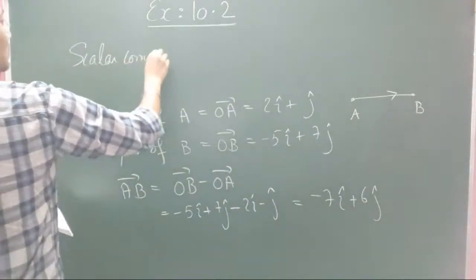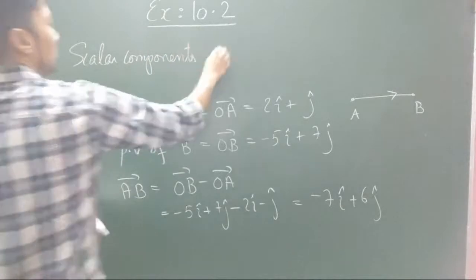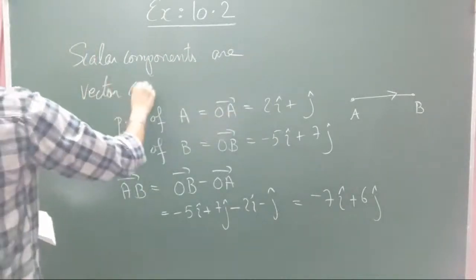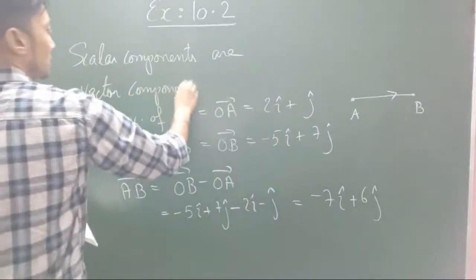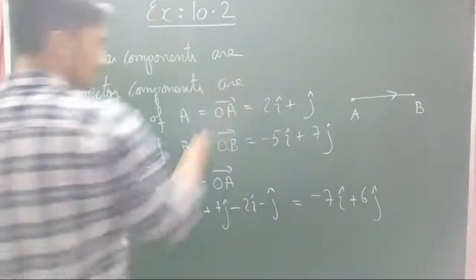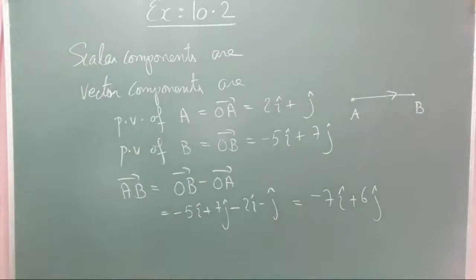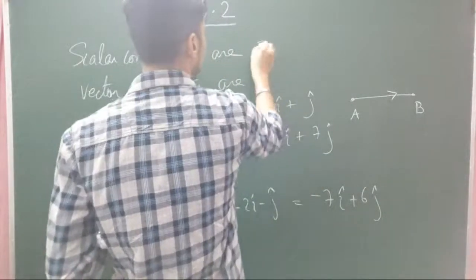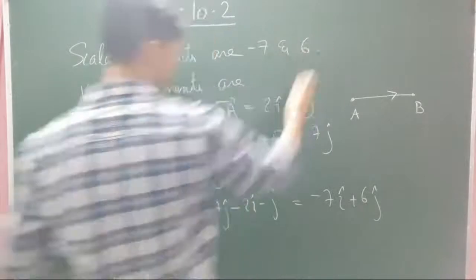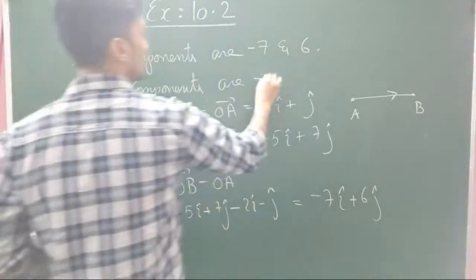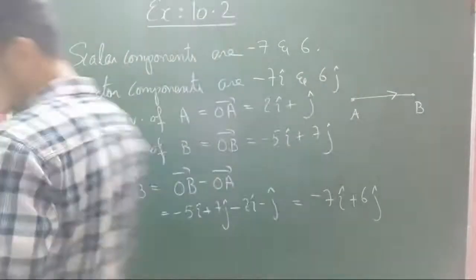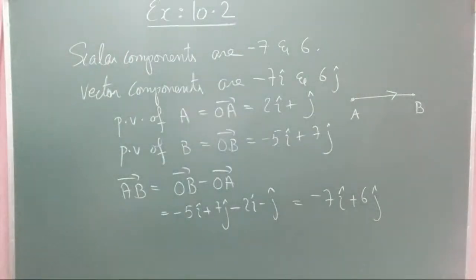What are the scalar components? The scalar quantities only. What are the scalar quantities that we have here? Scalar quantities are minus 7 and 6, and the vector components are minus 7i and 6j. So these are the scalar and the vector components.